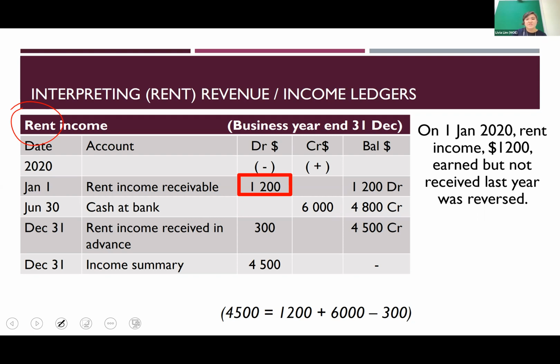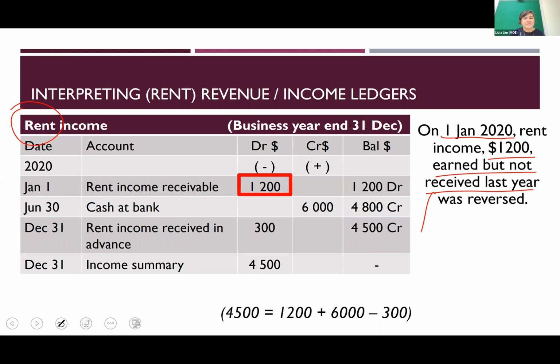Now, again, just as a reminder to you, this $1,200 on the 1st of January, first day of the year, is actually a reversal of last year's rent income. So I would say something like this. On 1st of January 2020, which is the date, a rent income amounting to 1,200, that is the amount, earned but not received last year.